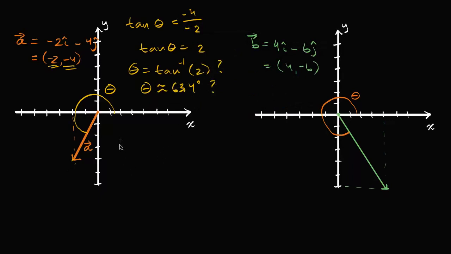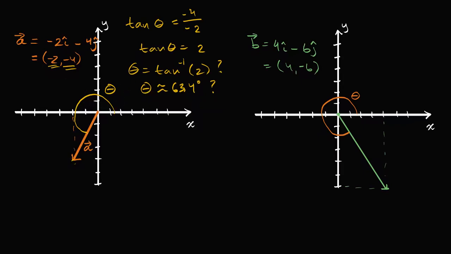And I think you might sense why that is. If you don't, pause the video and think about why am I putting a question mark here? Why does this angle look fishy? Well, it looks fishy because an angle of 63.4 degrees would put us squarely in the first quadrant.